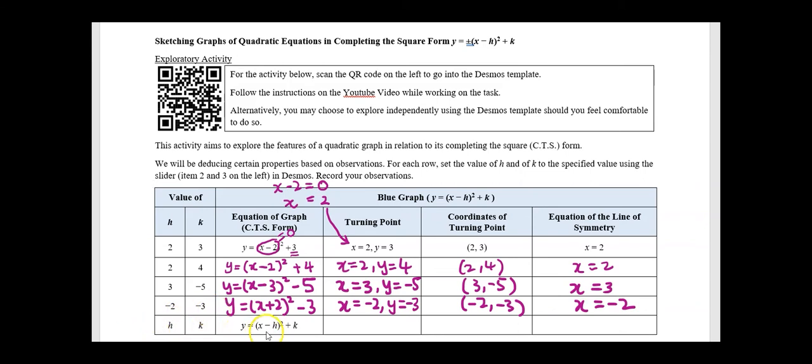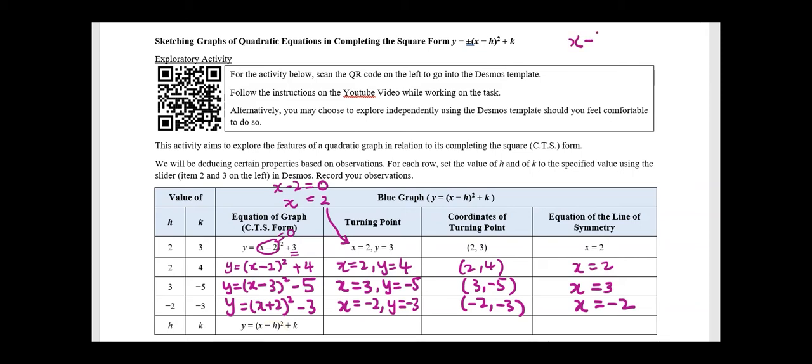So essentially, for the general case of y equals (x minus h) squared plus k, like the first situation where we actually solve x minus 2 equals 0, you do the same for this and solve x minus h equals 0. So that means, for example, let me just write somewhere else quite blank.